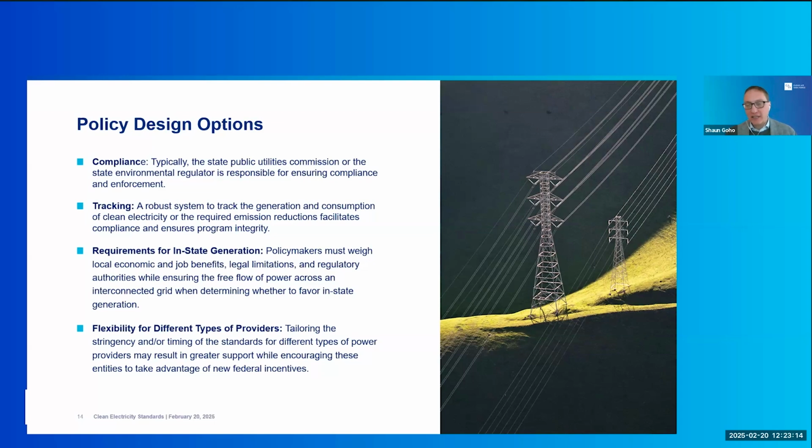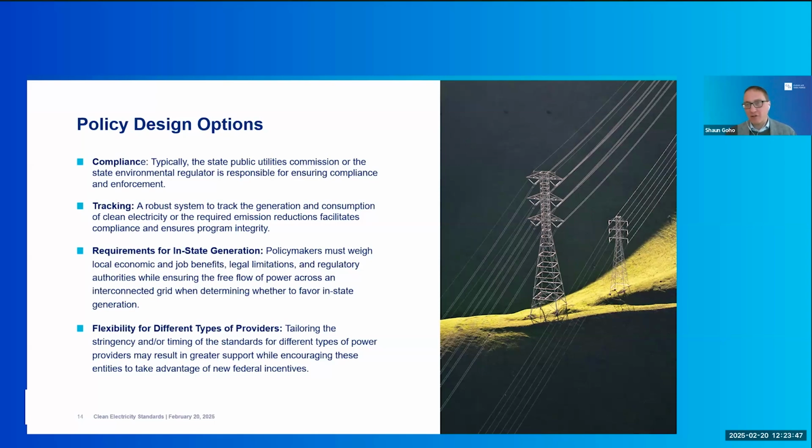Another consideration in compliance is what will the consequences be for a utility or for another regulated entity that fails to meet its targets, whether you're dealing with an emissions-based or a source-based CES. Some states provide for what are called alternative compliance payments. These are typically payments that are set by the legislature on a dollars per kilowatt hour basis. So the utility would be responsible for paying that amount based on the amount of electricity it's supplying that is not compliant.